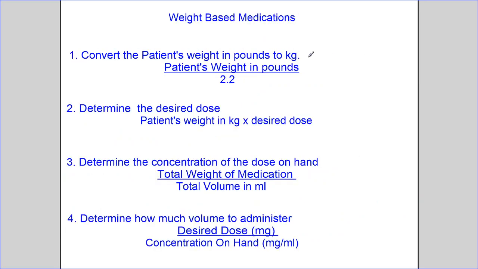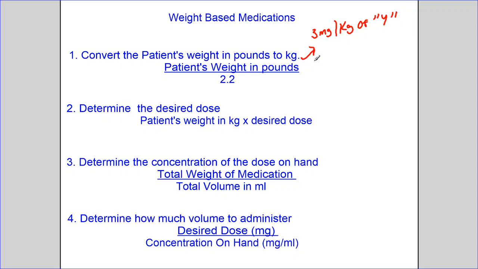All right, weight-based medication. So sometimes we have to convert the weight to be able to deal with the problem, right? A lot of times what they'll do is they may say administer 3 milligrams per kilogram of Y. You know, whatever drug Y wants to be, right?